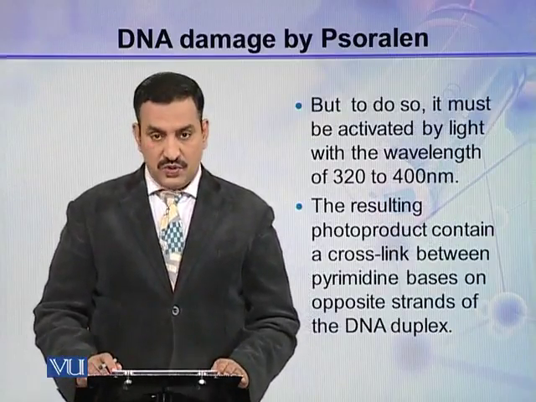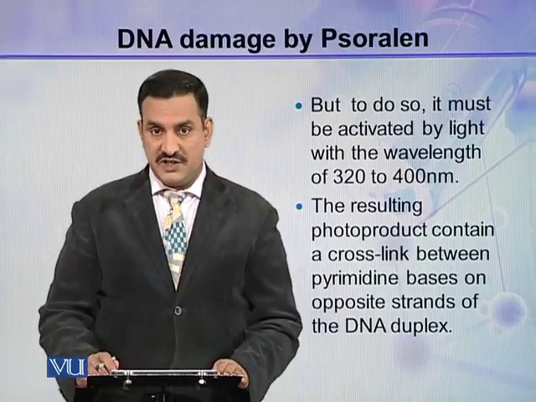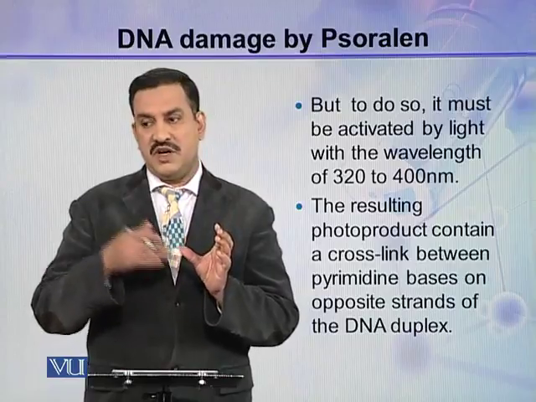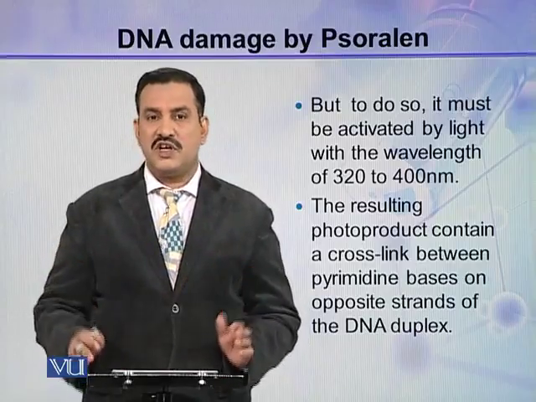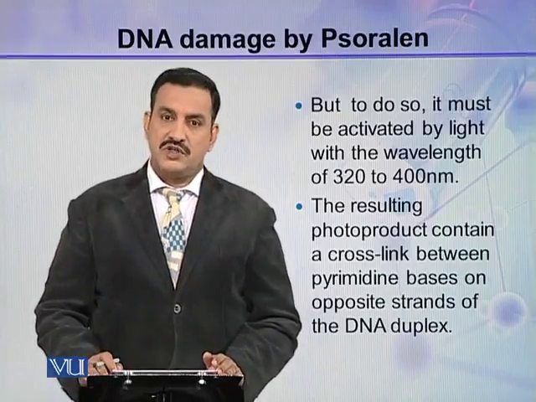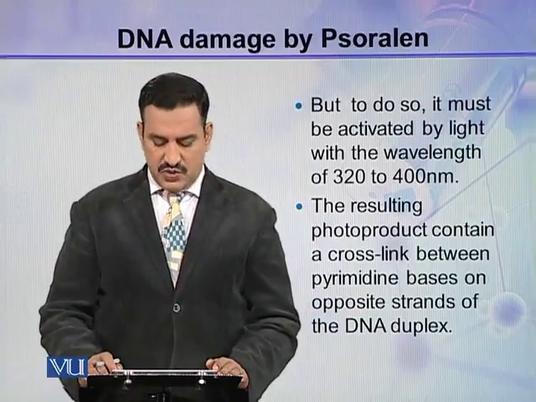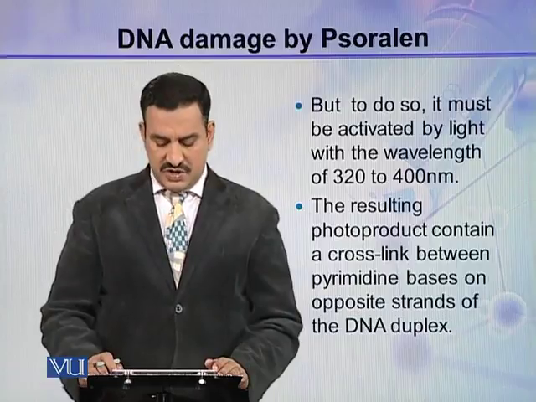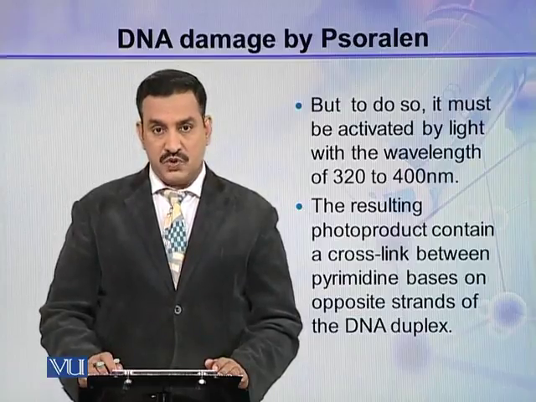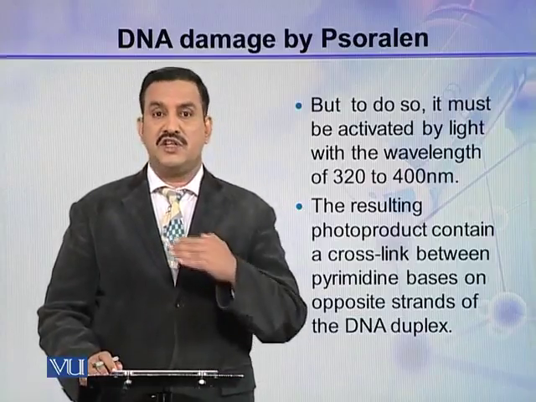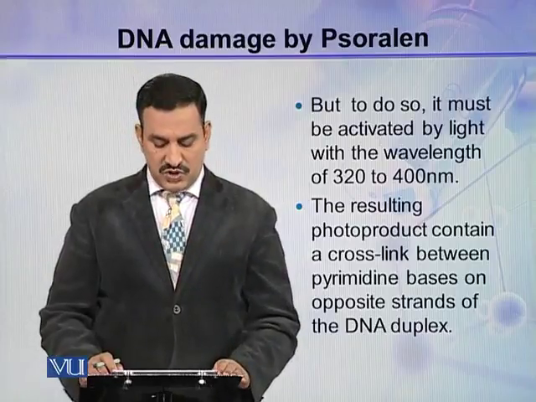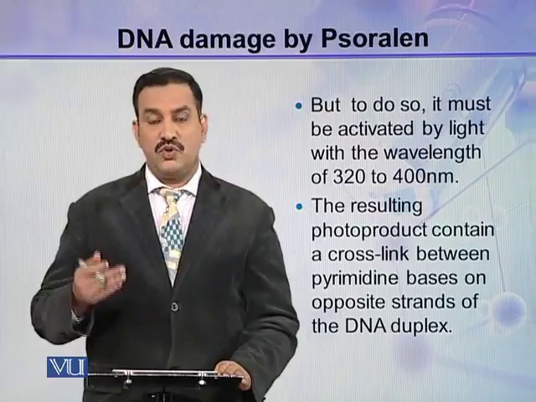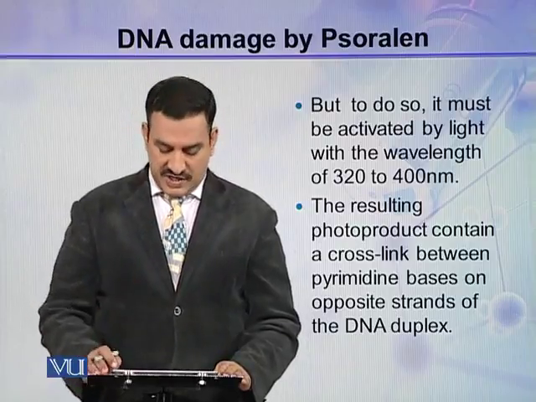But to do so, it must be activated, because one furan group has been activated but the second group is not activated. So it must be activated by light with the wavelength of 320 to 400 nanometer. So if this DNA containing this monoadduct is exposed to light of 320 to 400 nanometer, the second group of the psoralen is also activated.